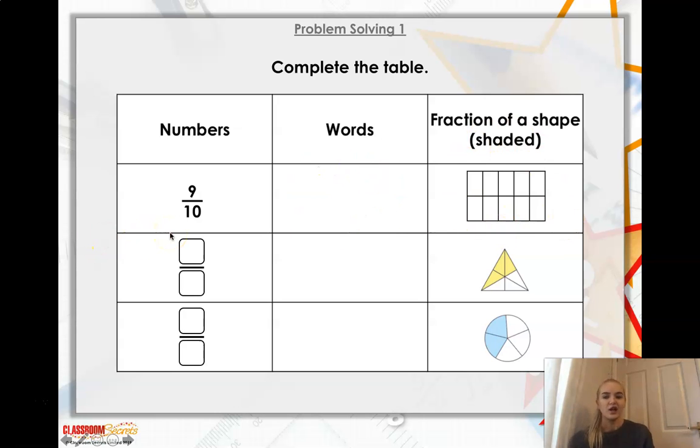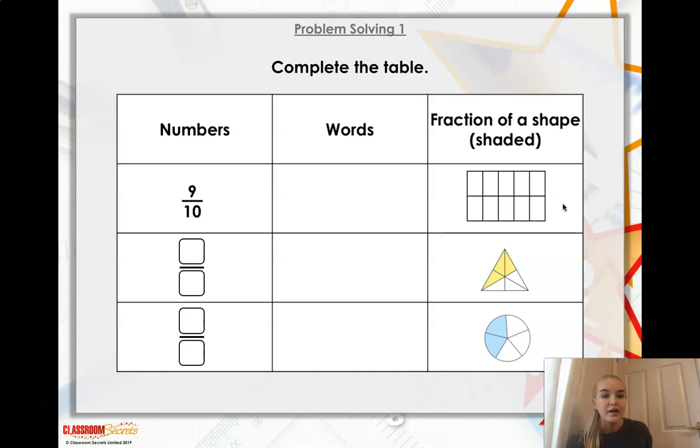So I know that I need to fill in my word and my shape. If my fraction is 9/10, how could we write that in words? Take the top number first and then the bottom number, the numerator first and then the denominator. Now, if we are looking at our shape, we can see that our rectangle has been split up into 10 pieces.